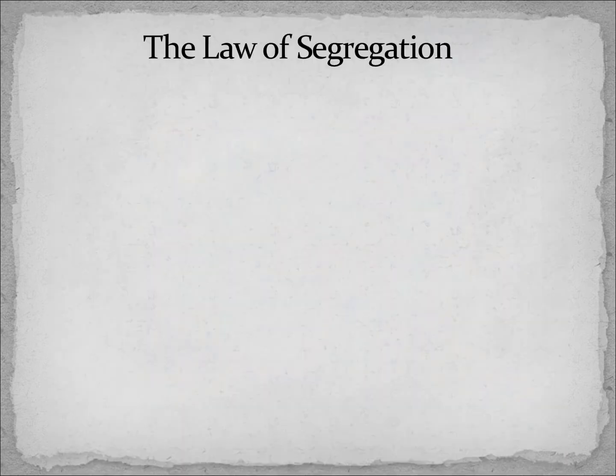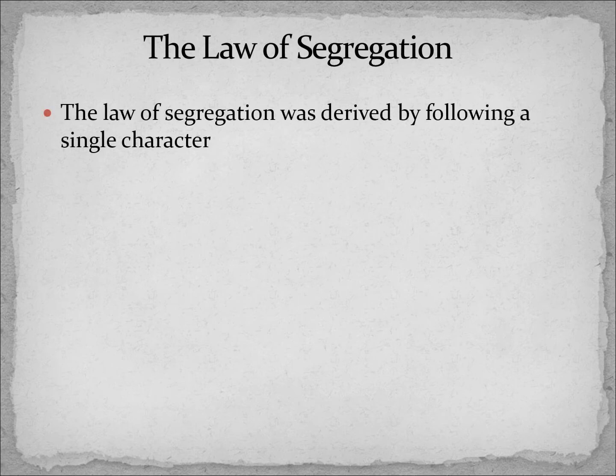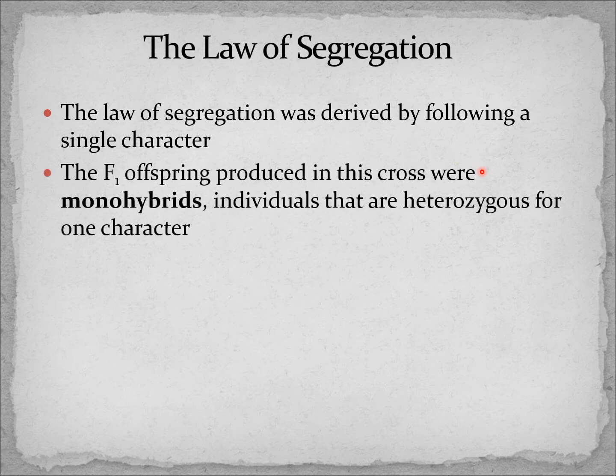Now let's talk about the law of segregation in relation to Mendel's work. This is going to become important because we're going to be dealing with, rather than monohybrid crosses, dihybrid crosses. And what that means is we're looking at two characters rather than just one character. Mendel derived the law of segregation by following just a single character.